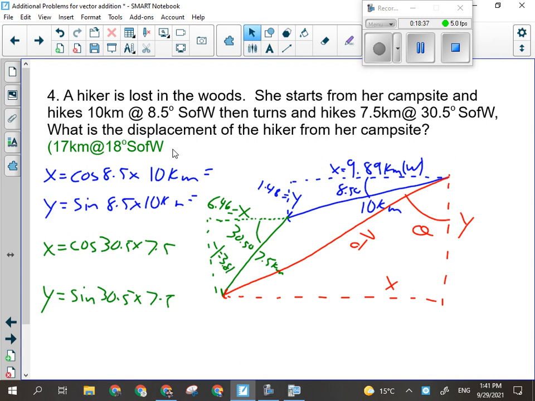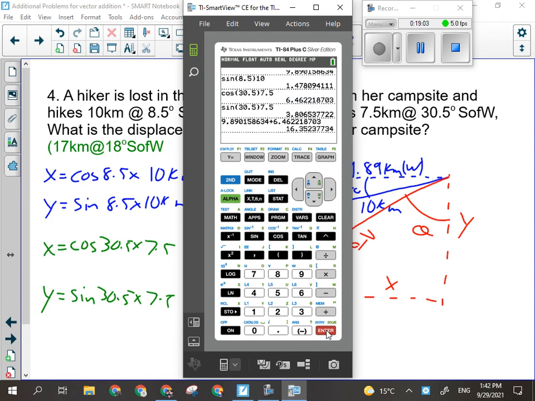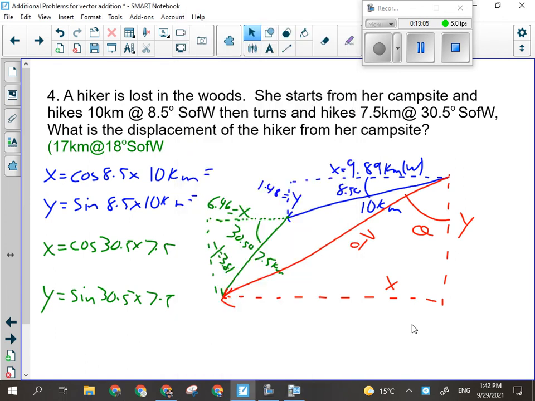Okay, so now we've got all of our x's and y's. If I want to calculate what red x is, which is all west, I take my 9.89 kilometers west and add it to the 6.46 kilometers west, and that tells me how far west in total we went. That gives me 16.352 kilometers for x.